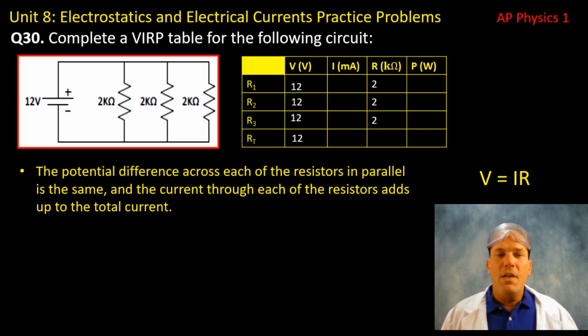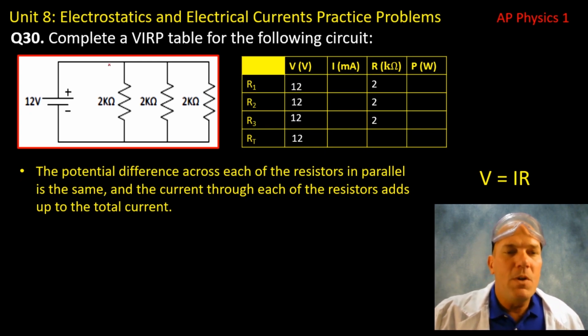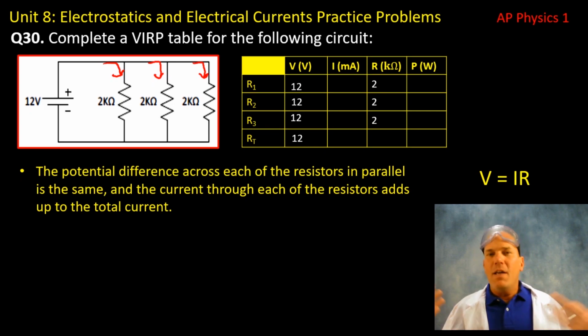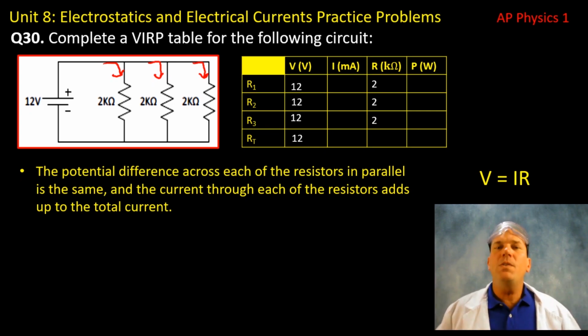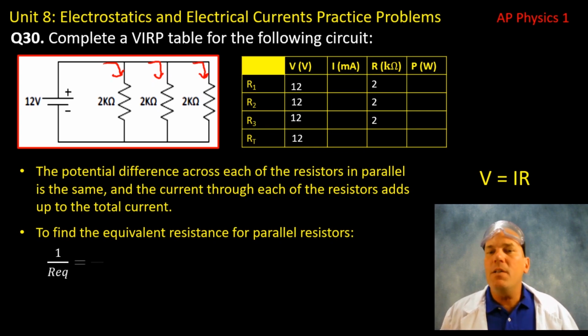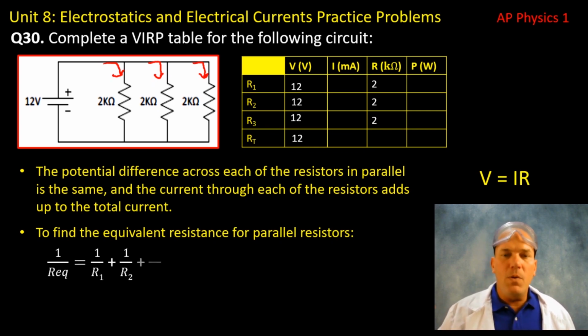They're all 12, because the current will either go this way, this way, or this way, and regardless of which path is taken, in this case, they're all the same, 2 kiloohms. The total voltage will drop across each individual element within this circuit.